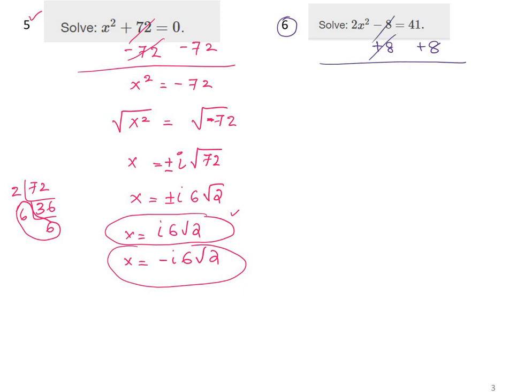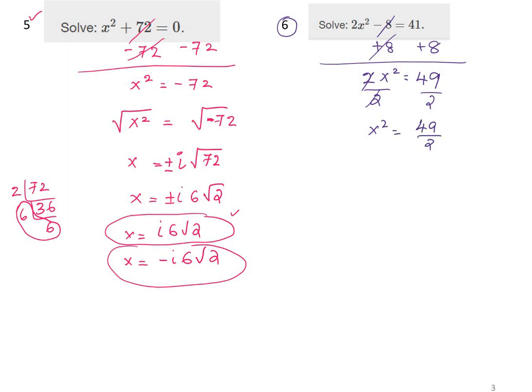So that will end up with 2x squared is equal to 49, right? So 41 plus 8, so we add 8 on both sides. So we want to eliminate the 2, so we can divide by 2 here and here also. So that cancelled. So x squared is equal to 49 over 2.